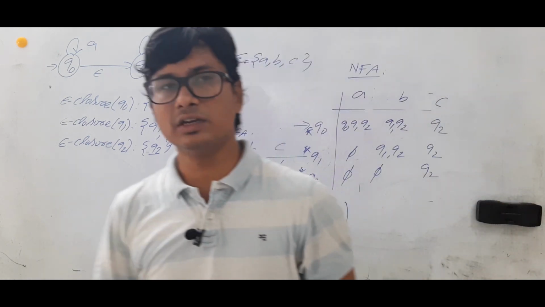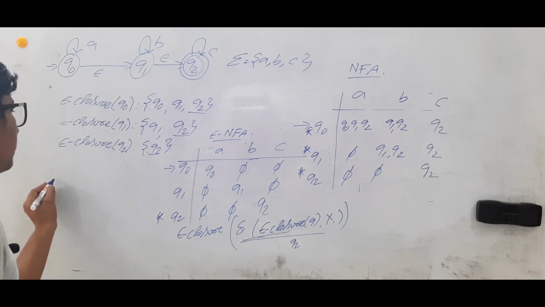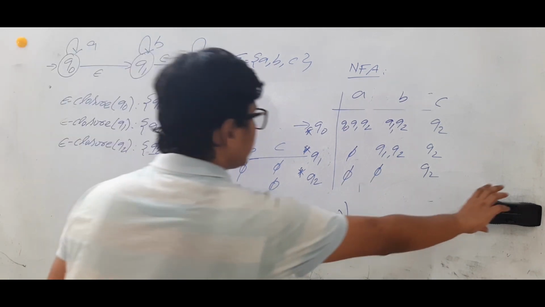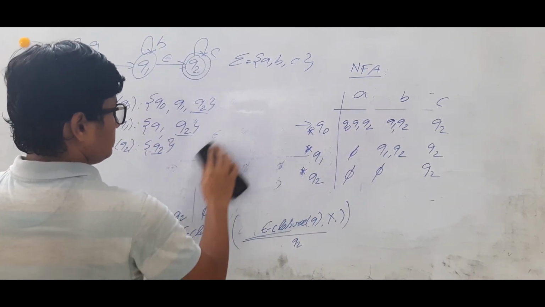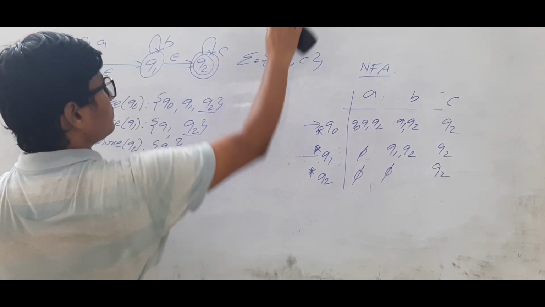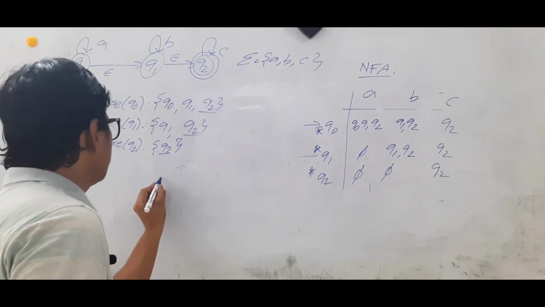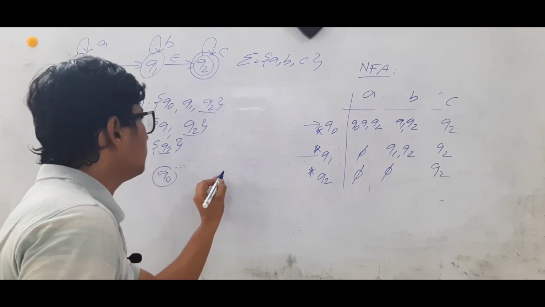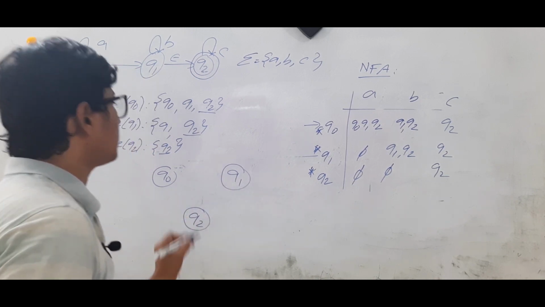Now once you got the transition table, we can easily construct the transition diagram. Let me erase this one so that we can use this space. Now, how many states will you have? You will have Q0, Q1, and Q2 states. So 3 states are there.